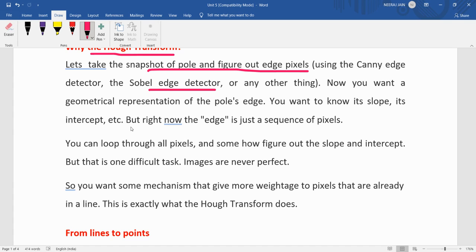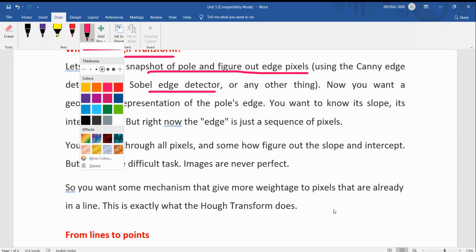Now we can loop through all pixels and somehow figure out the slope and intercept, but that is a difficult task. By using the pixels, how can we detect the slope and intercept, when our image will never be a perfect image?